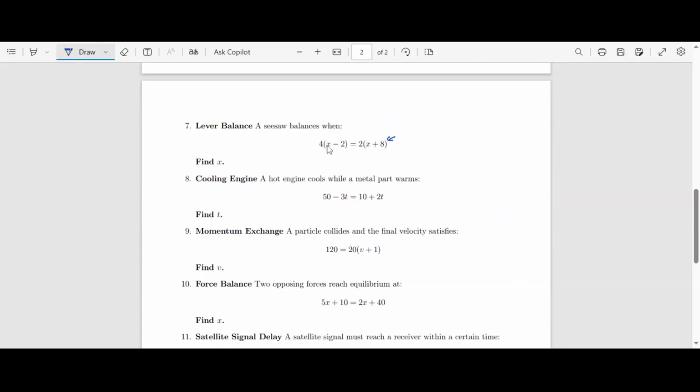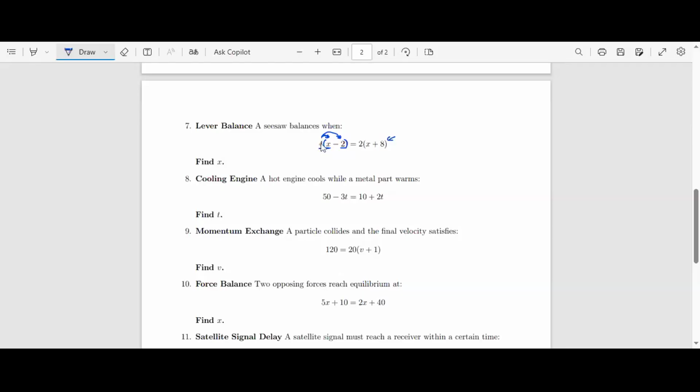So let's say, first of all, you can see this 4 is outside brackets. Inside the brackets we have x minus 2. If there is a bracket like this, the value outside the bracket has to be used for both of these. You have to multiply both the values inside by the number outside, right?